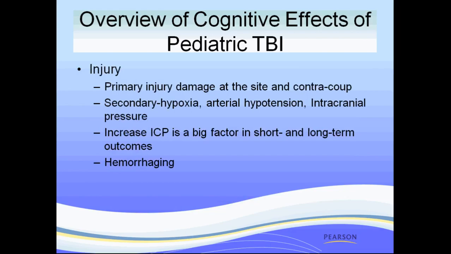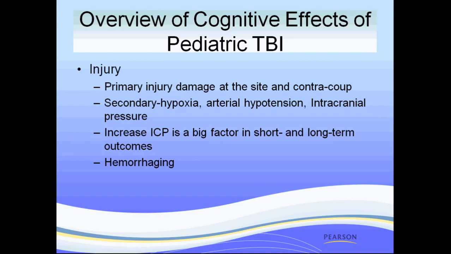Now, the injury itself, you get primary damage at the site where the person hit their head or something penetrated, and you'll often get additional damage that's related to the head shifting back and forth. So the contrecoup site is on the other side of the brain, where the brain slams up against the cranial vault and then shakes back and forth.